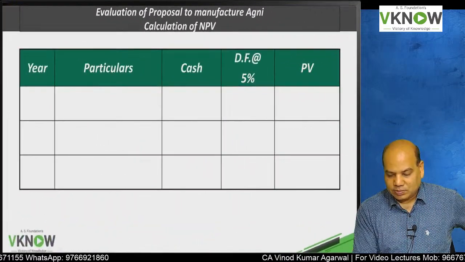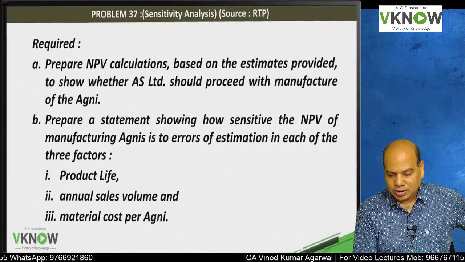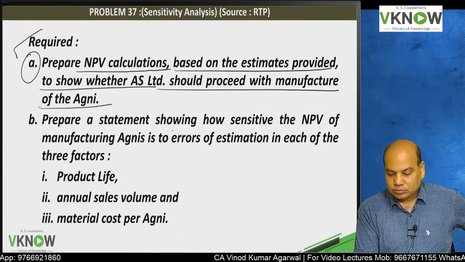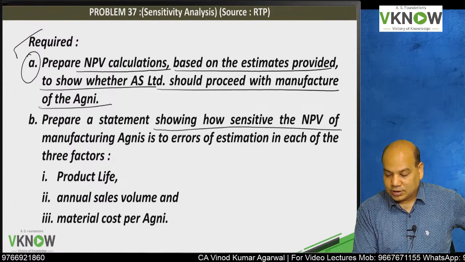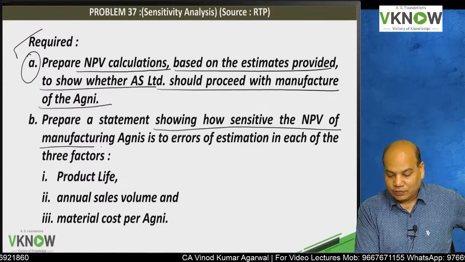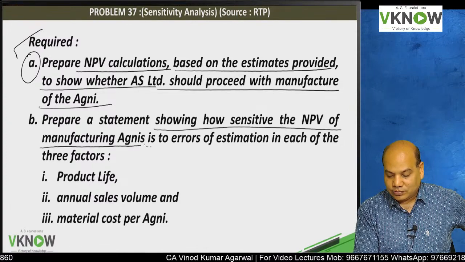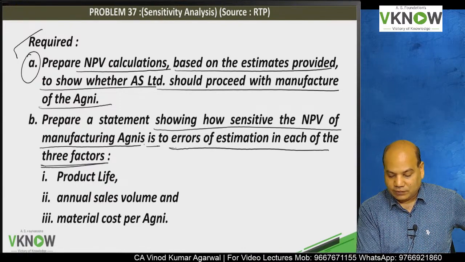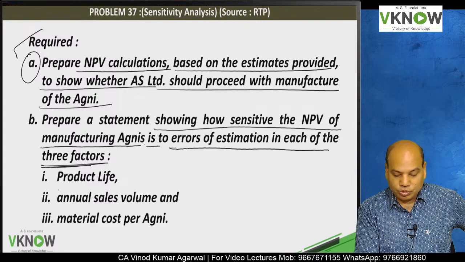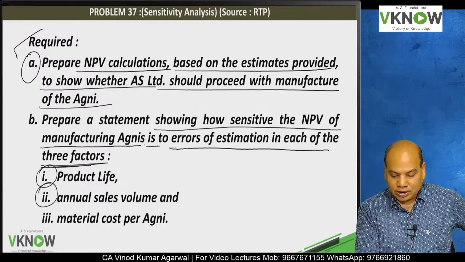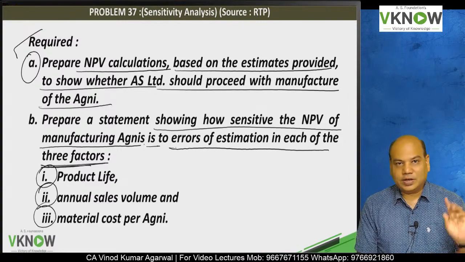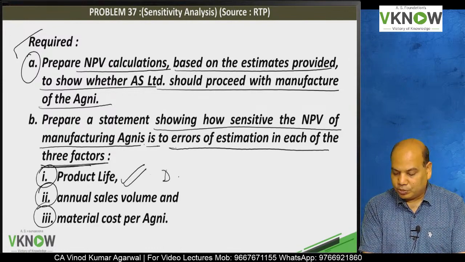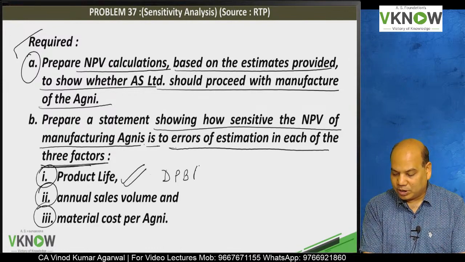Second part, where are you going? Come back, yes. Prepare a statement showing how sensitive the NPV of manufacturing Agni is to the error of estimation in each of the three factors. So here we have to do sensitivity analysis for three factors. Product life, we will compute discounted payback period.